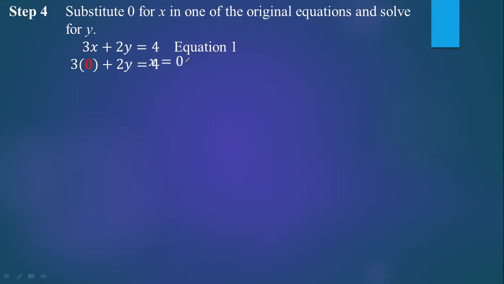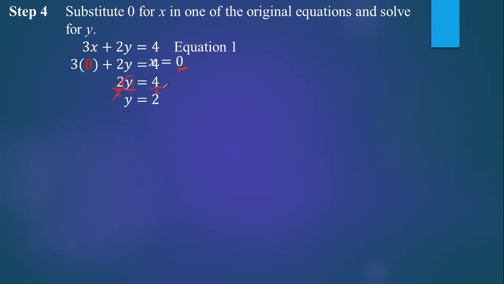So we know that x equals 0. Therefore, 3 times 0 plus 2y equals 4. All right? And then further, 2y equals 4, or y equals 2. We divide by 2 and by 2 so that we can cancel out 2 and 2, and what remains is y.